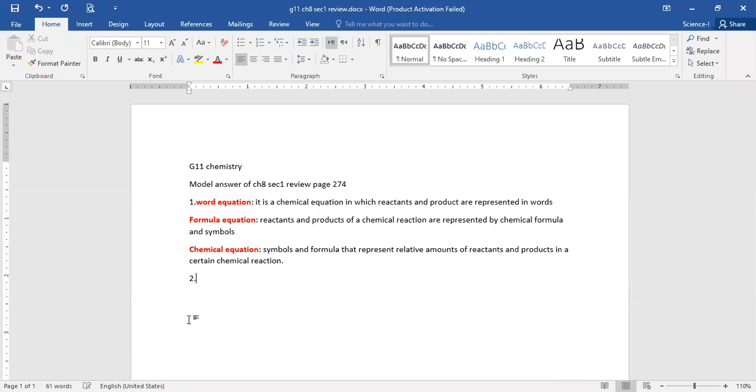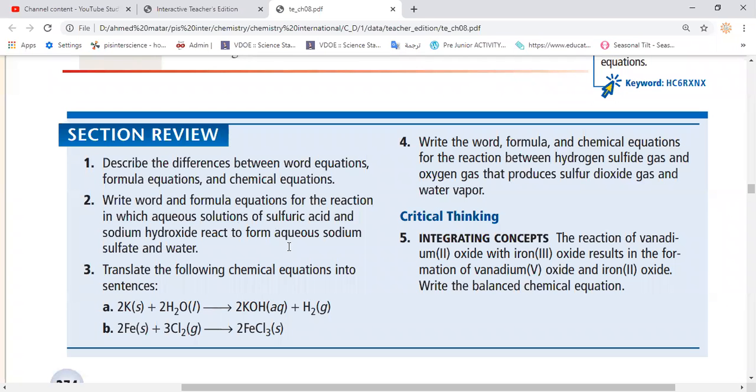Okay, so then question 2. In question 2, write the word and formula equation for the reaction in which an aqueous solution of sulfuric acid and sodium hydroxide react to form aqueous sodium sulfate and water. So who can answer this question? We need to write the word and the formula equation. So let's start with the word equation, guys.